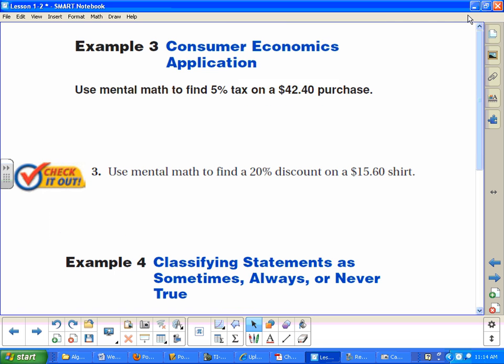All right, let's do some mental math. How many of you can go to a store or a restaurant and in your head figure out the tip for your parents? Probably all of us, right?